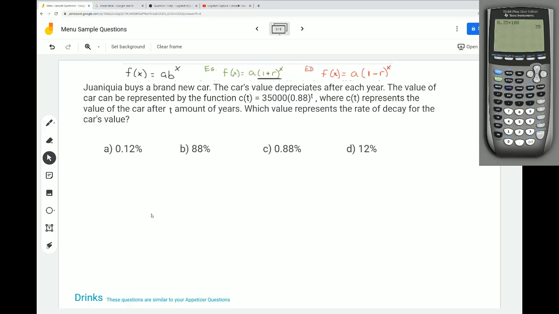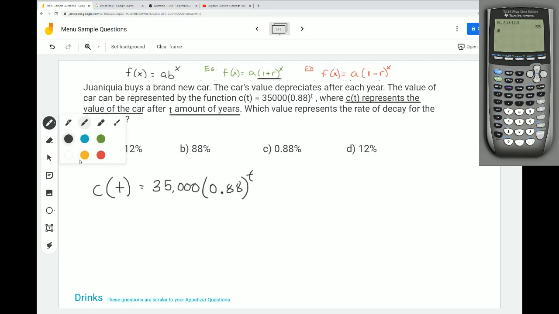So in this example, the function is c of t is equal to 35,000 times 0.88 to the t power. Now reading this, I see that c of t represents the value of the car, and t represents the amount of years. So let's take a look at which value represents the rate of decay.